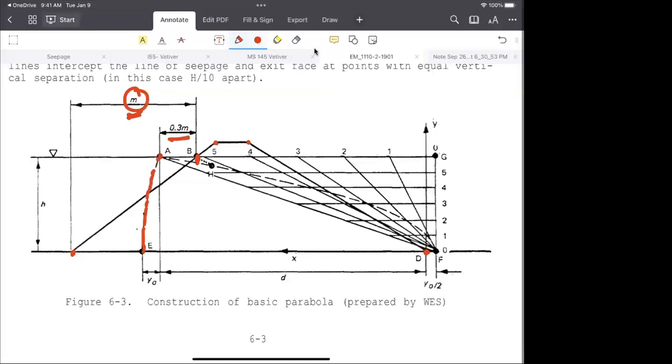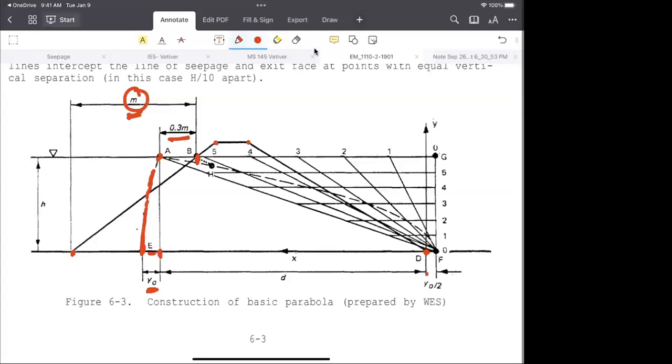Yes, 0.3 of M. From that point we draw an arc, and we get E. But where do we get the point A? 0.3 M from point B. The distance starting from the point is M, then from B to 0.3 M. Then it's going to intersect at point E. The difference between these two is y naught.